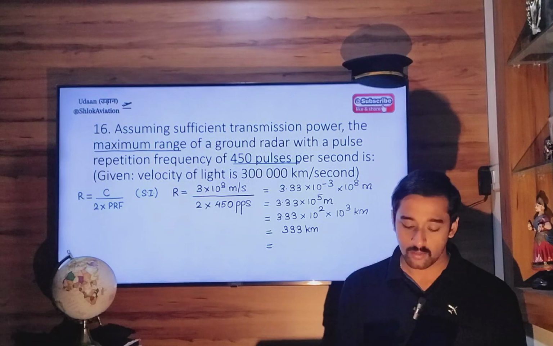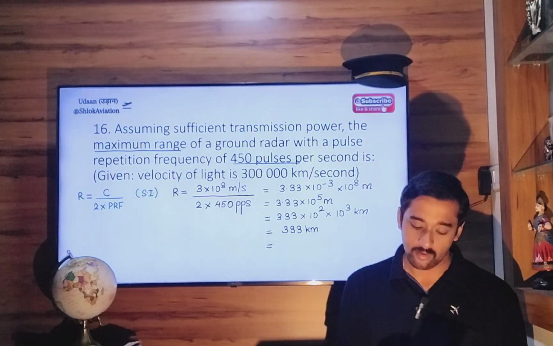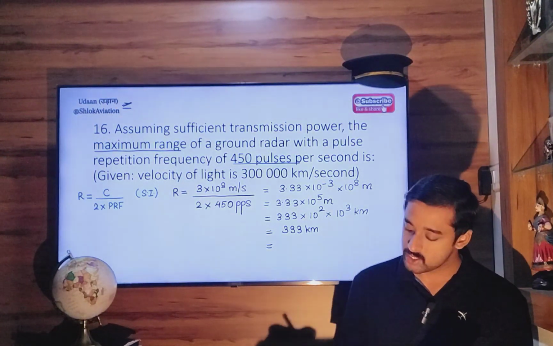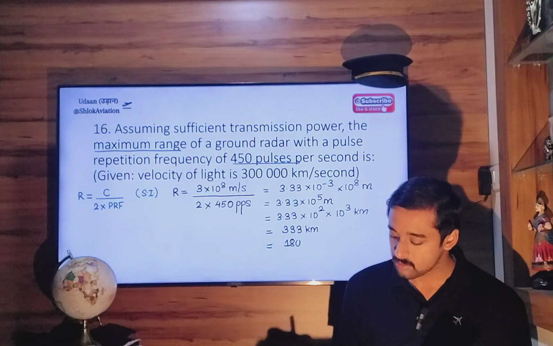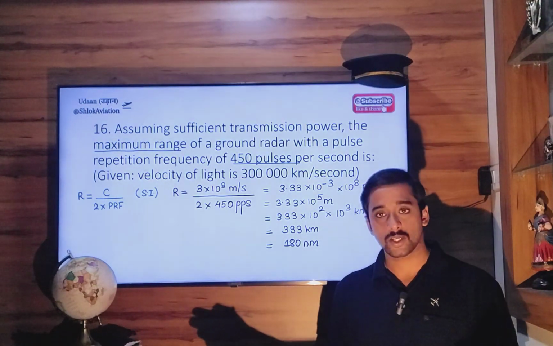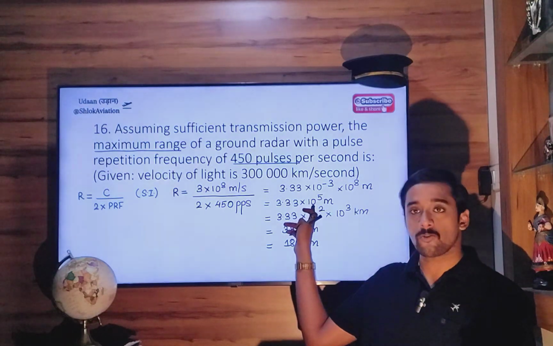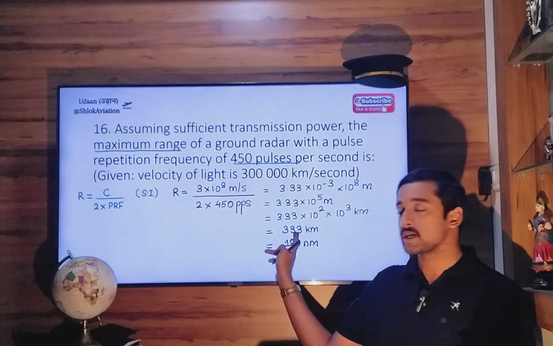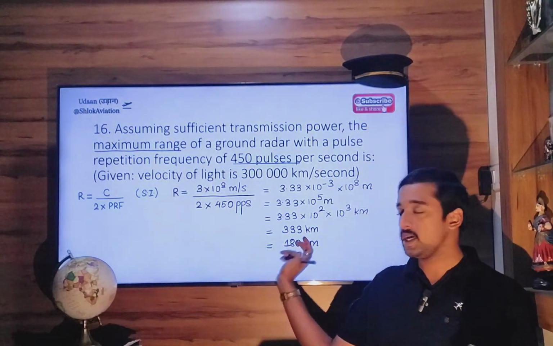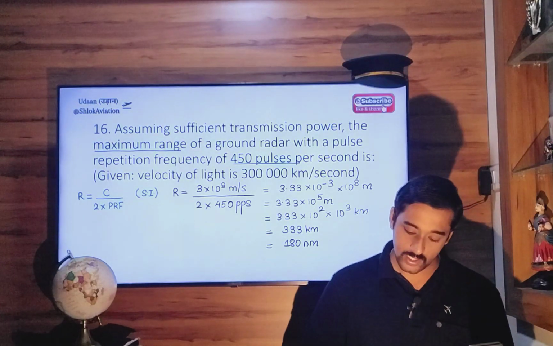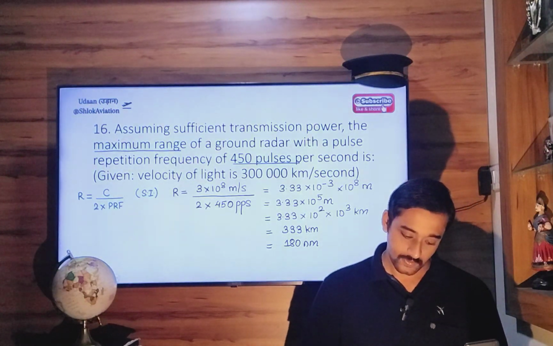Convert this into nautical miles. So 333 divided by 1.85 is 180 nautical miles. So select any option which has any of these values: 3.33 into 10 raised to 5 meter, 333 kilometer, 180 nautical miles.